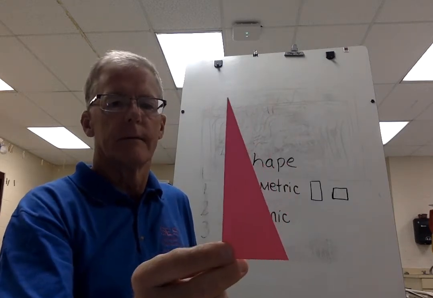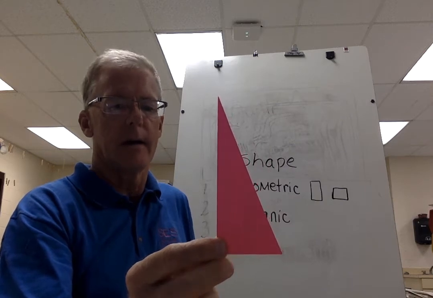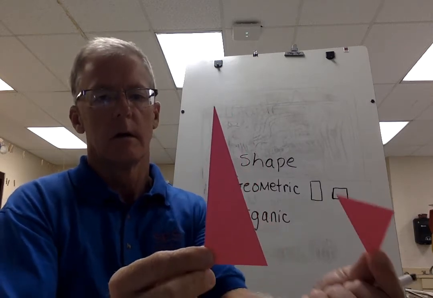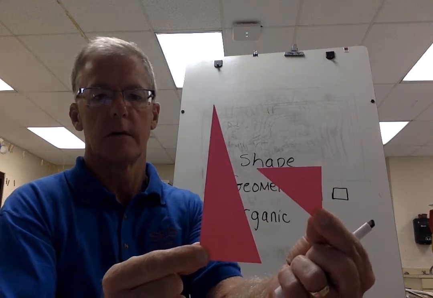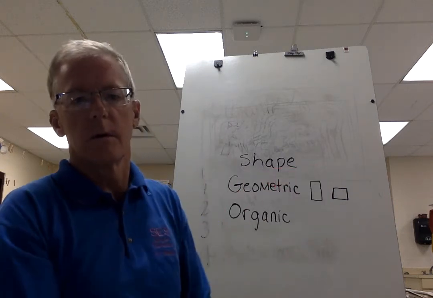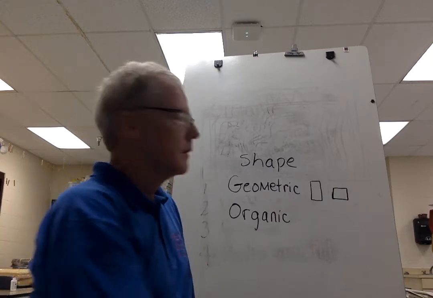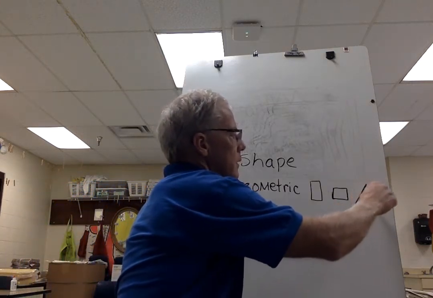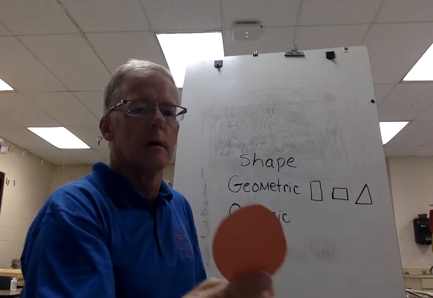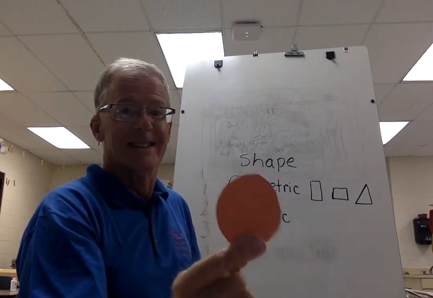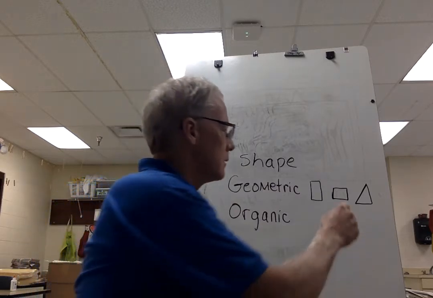Look. There's the triangle. And here's another one. It's a much smaller triangle. What group do they go in? Yes. Geometric. And of course, this one. It's a circle.